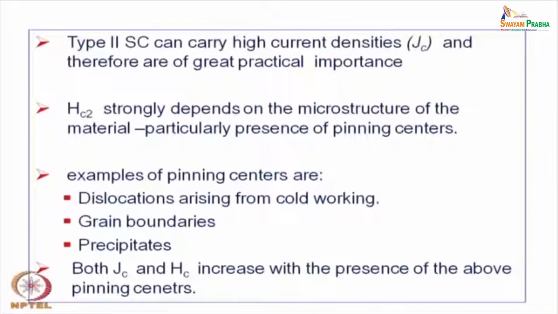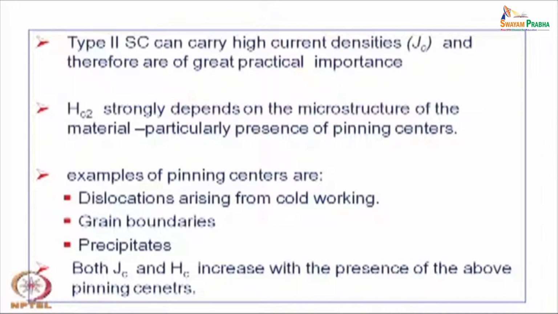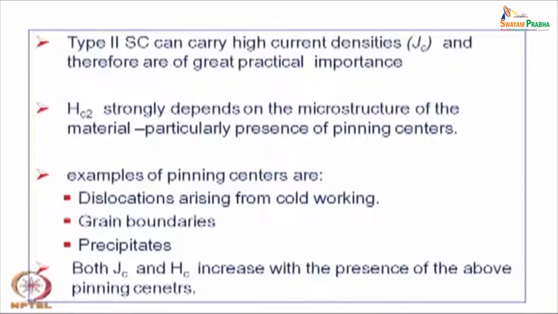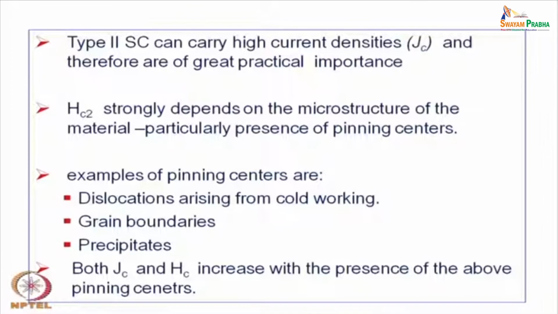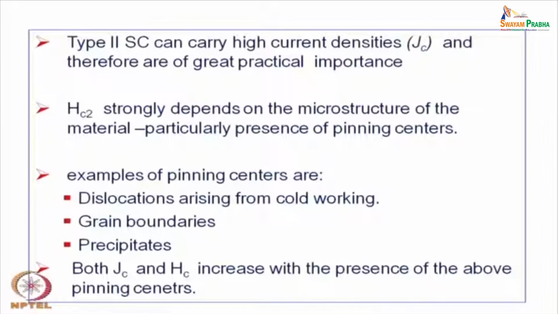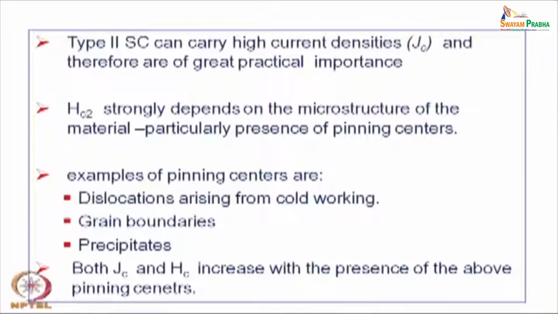So, Jc basically provides us information on the current carrying capacity of a particular conductor. This is very similar to other conductors. Every conductor has a current carrying capacity beyond which it heats up so much that there is a failure, the structure gets disrupted. So, every material has a current carrying capacity.